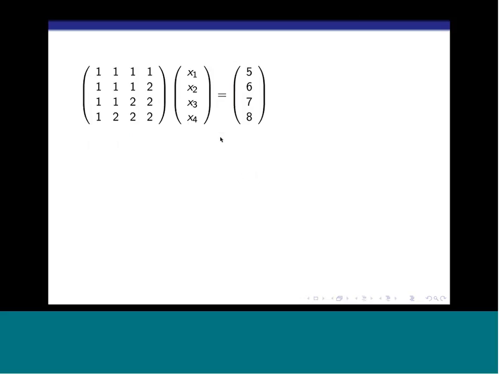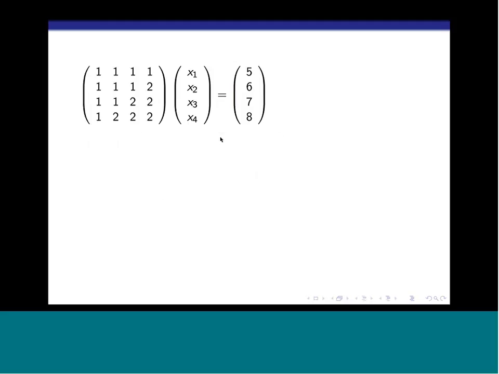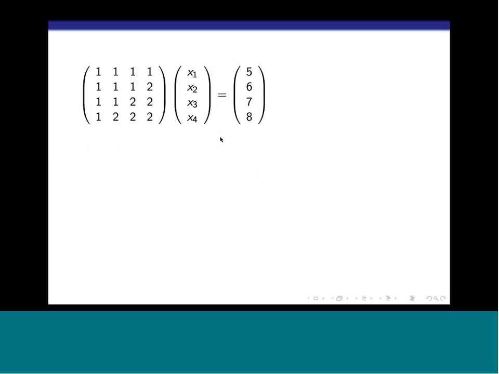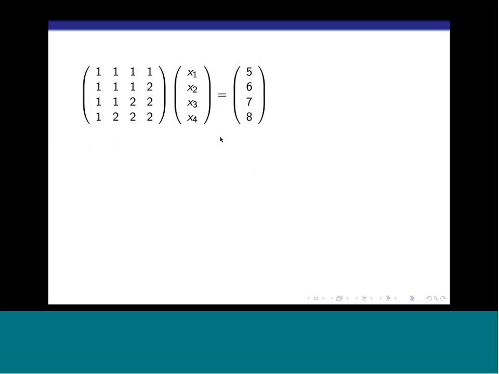So 1, 1, 1, 1. So you see that again? Let's see one more time. Compare. You see it? Okay. The coefficients, like 1, 2, 2, 2, and 2, 2, 2.